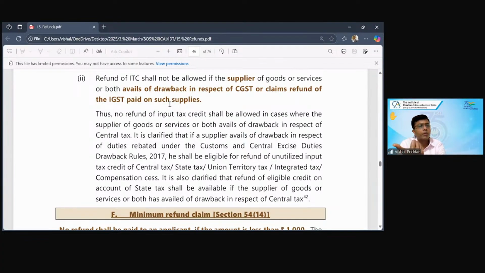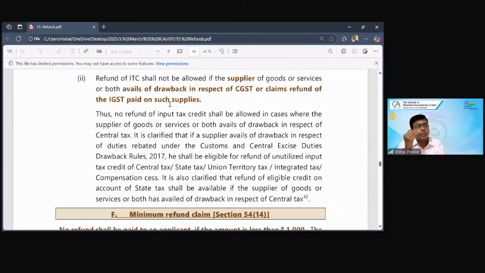There is a concept called drawback in customs, whereby whatever taxes you have paid at the time of import or for the purpose of manufacturing, on your raw material or input side, is allowed to you as drawback at the time of export.